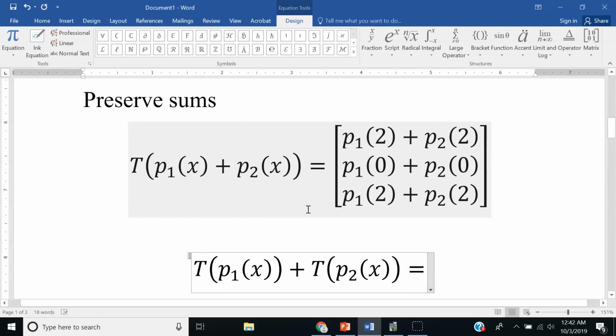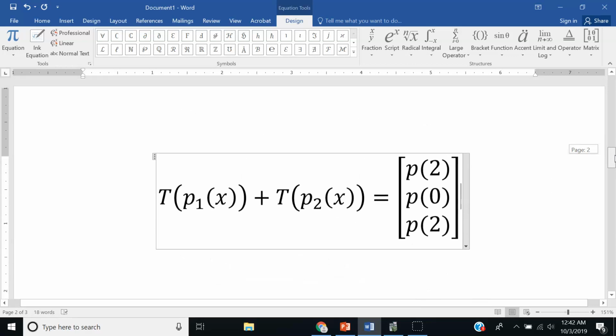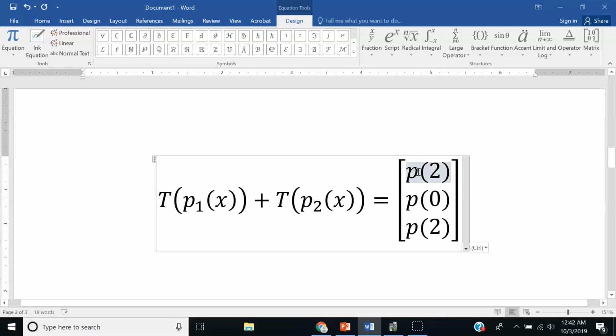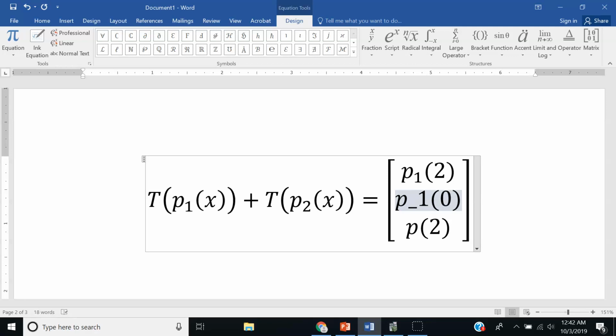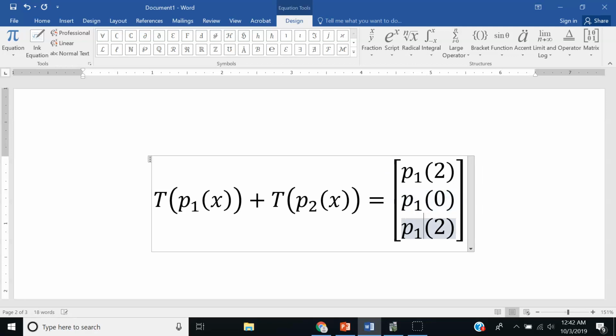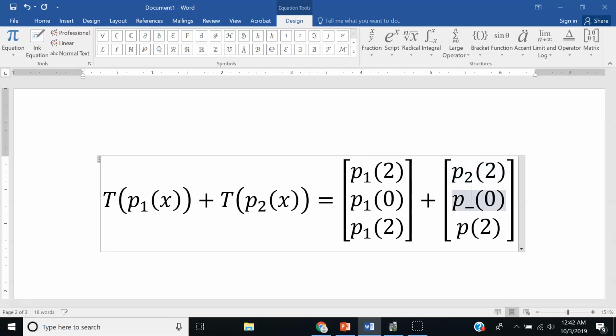Okay, all we end up with is that first polynomial transformed. So transform the first polynomial, plug in 2, plug in 0, plug in 2 again, and then add that second polynomial transformed: plug in 2, plug in 0, plug in 2 again.